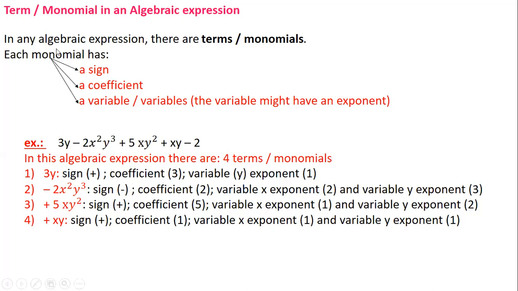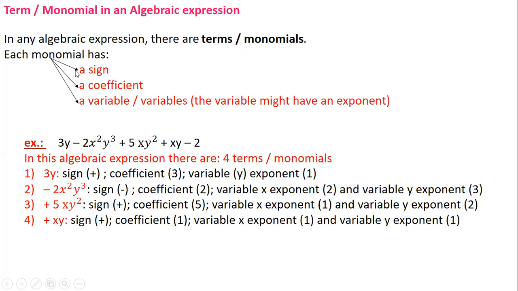In any algebraic expression, there are terms or monomials. What do we mean when we say a term or a monomial? Each monomial has a sign, a coefficient, a variable, or more than one variable. The variable, of course, might have an exponent or a power.